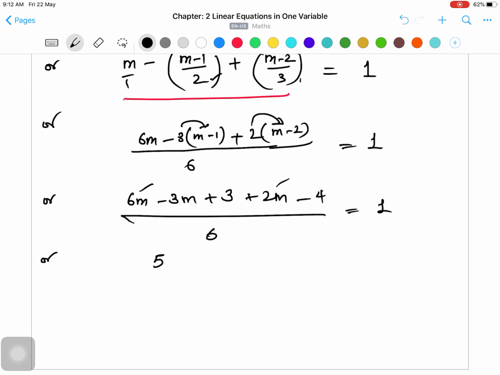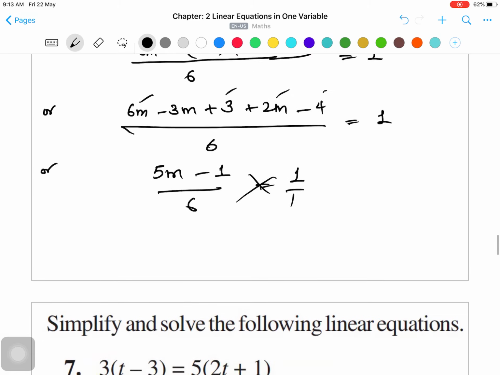Then 6m and 2m will be 8m. 8m minus 3m is 5m, and here we have plus 3 and minus 4, which will result in minus 1 by 6 equals 1. Assuming 1 here, now we'll do the cross multiplication.